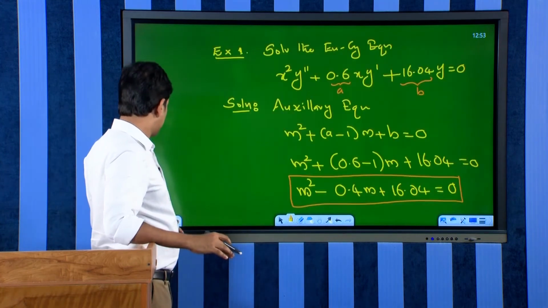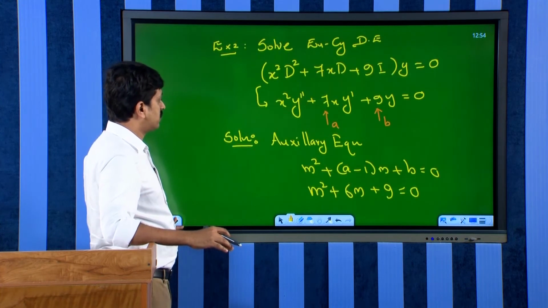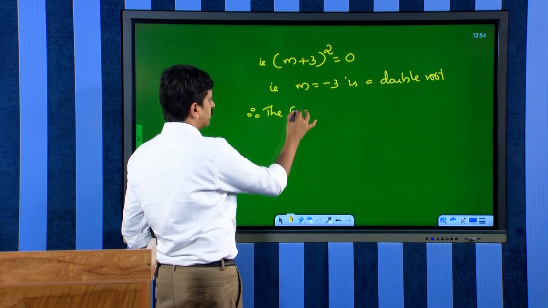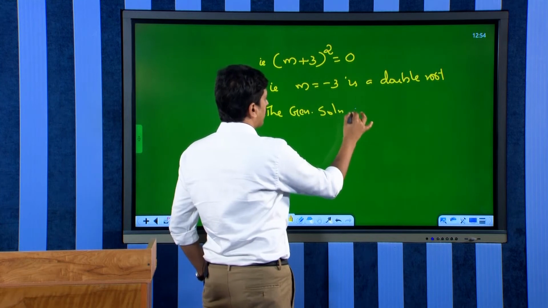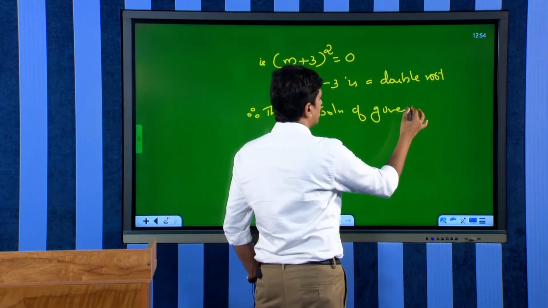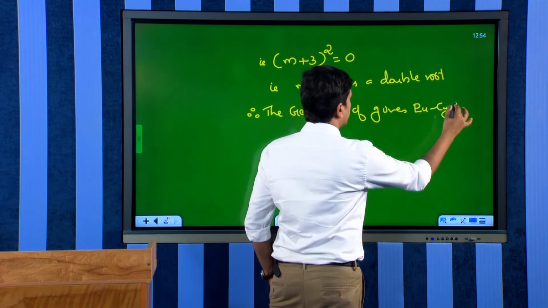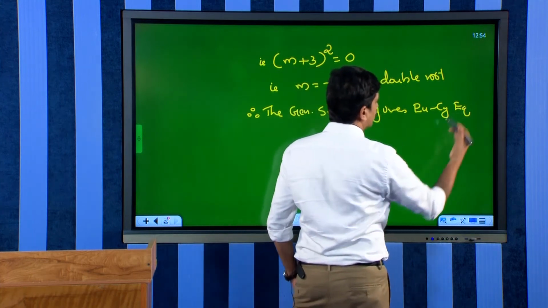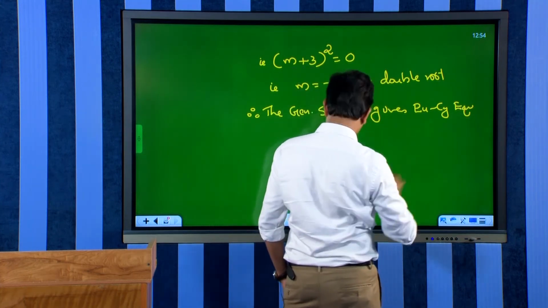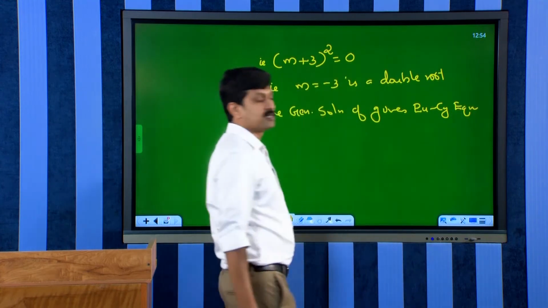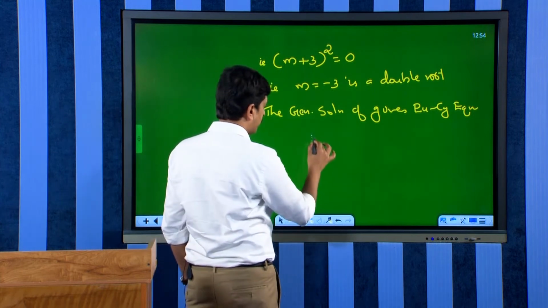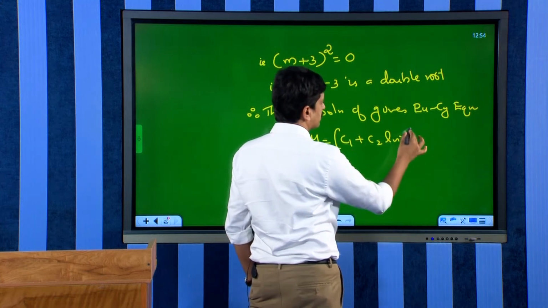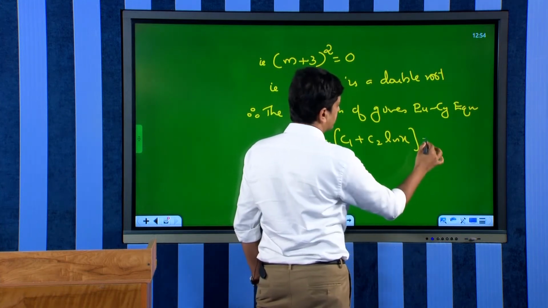So, dear students, the general solution of the given Euler-Cauchy differential equation is y is equal to C1 plus C2 log x, into x raised to m.